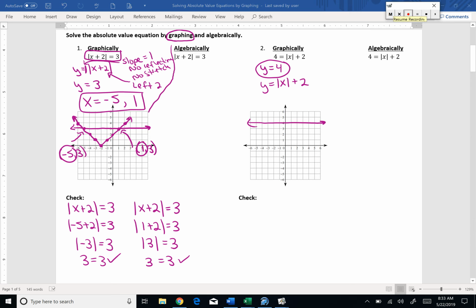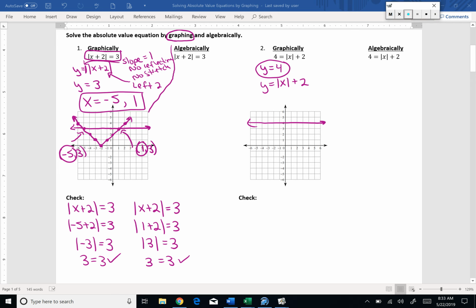So that's the one I would always start with, whether it's your first equation or your second equation, it doesn't matter. I would always start there because you know exactly what that graph is going to look like. And then it might save you from having to draw so many points on your absolute value graph. So I would always start with the horizontal line part first.